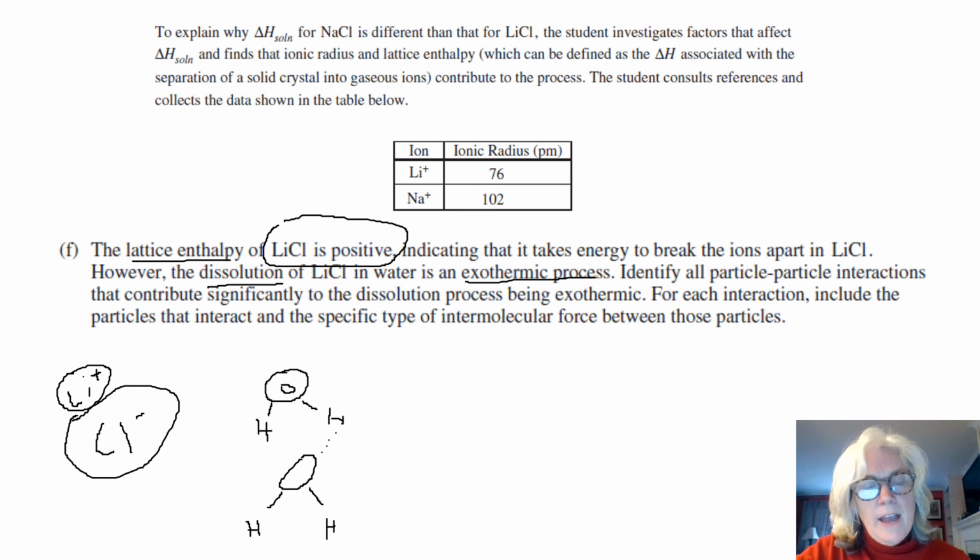So I have to use energy to overcome those attractions.